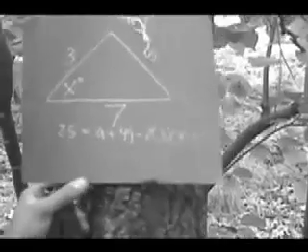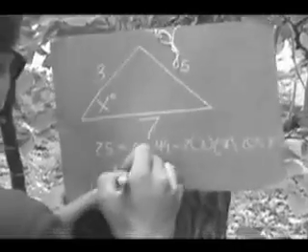Quick, put that into the calculator and tell me what you get. So we want x. Angle X comes out to be 38.2 degrees.